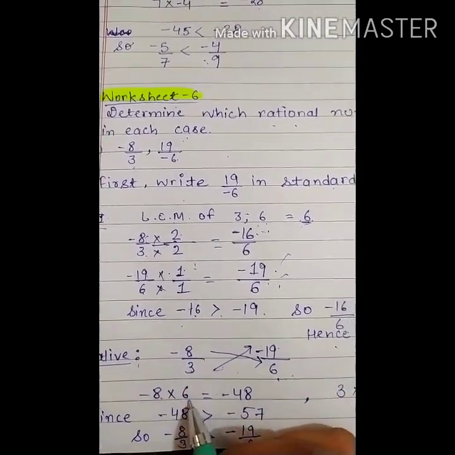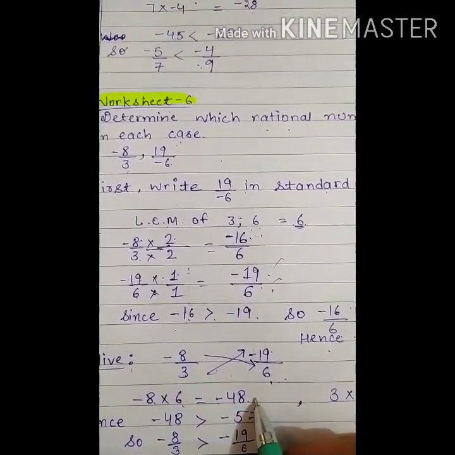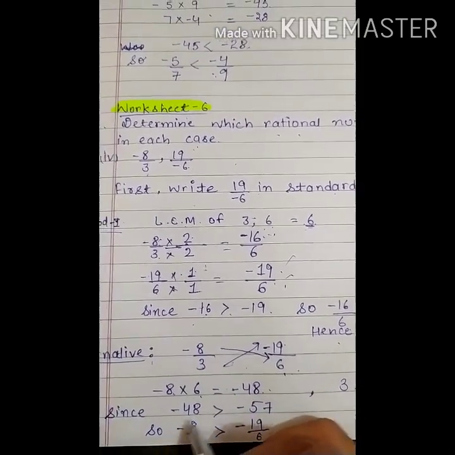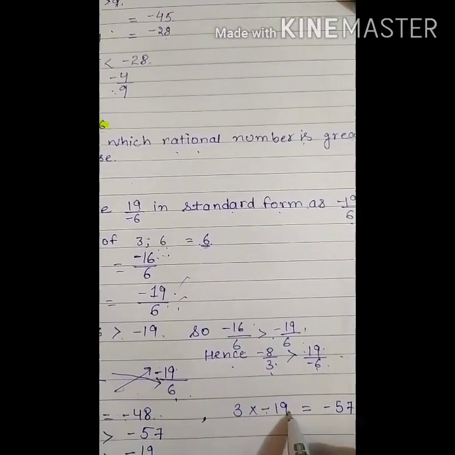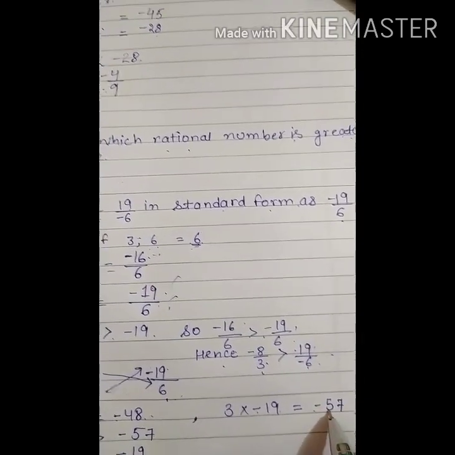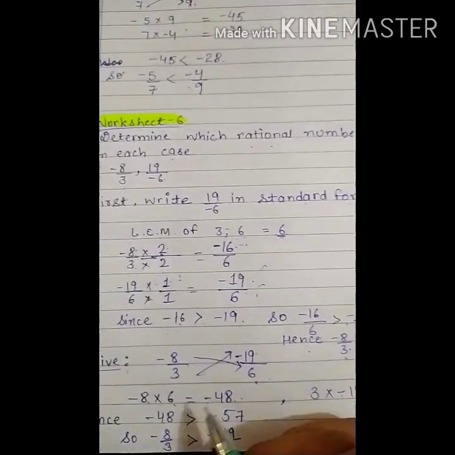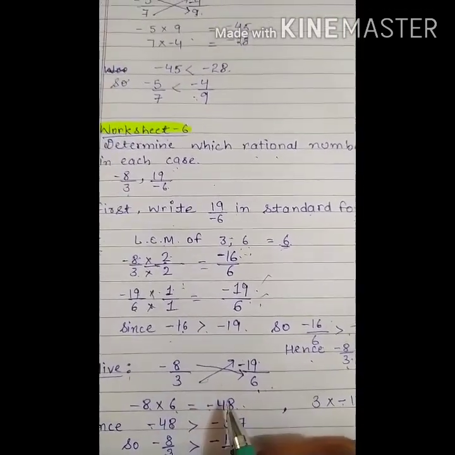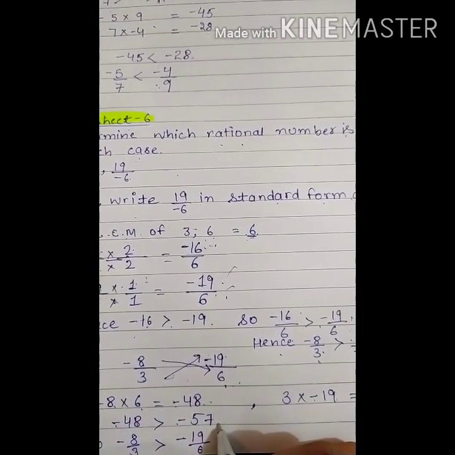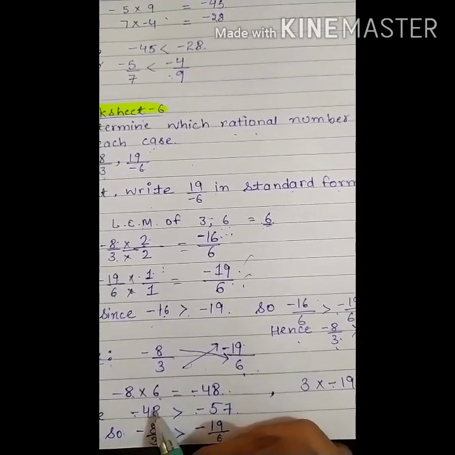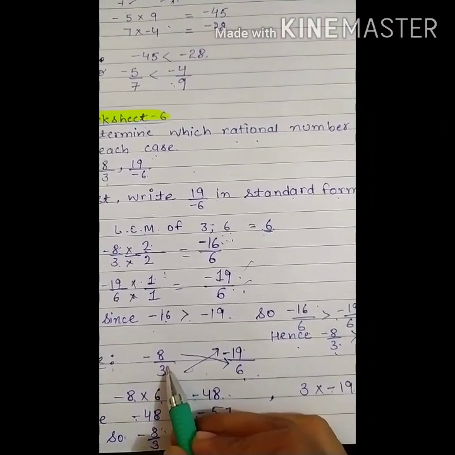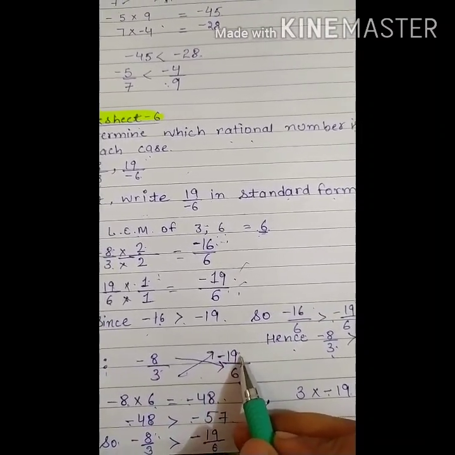Now -8 multiplied by 6 is equal to -48 and 3 multiplied by -19 is equal to -57. Since -48 is greater than -57, the number -8/3 is greater than -19/6.